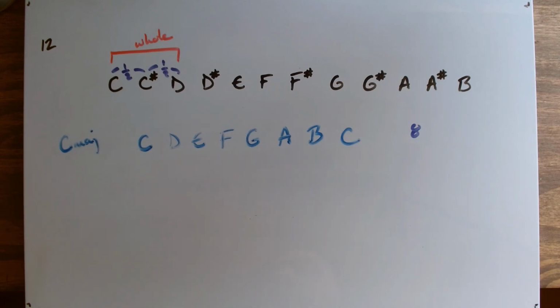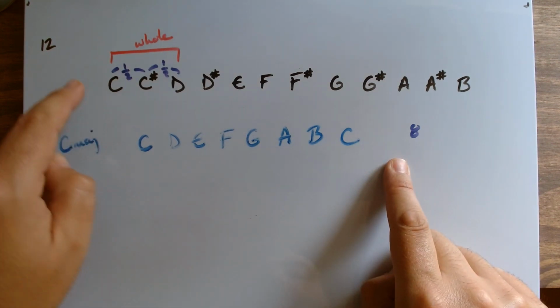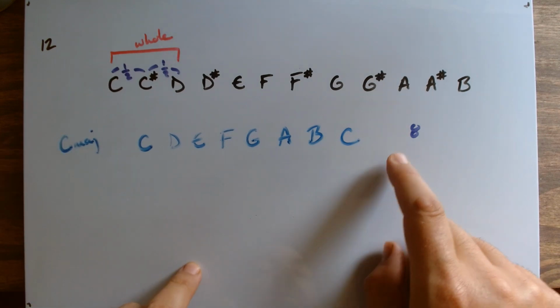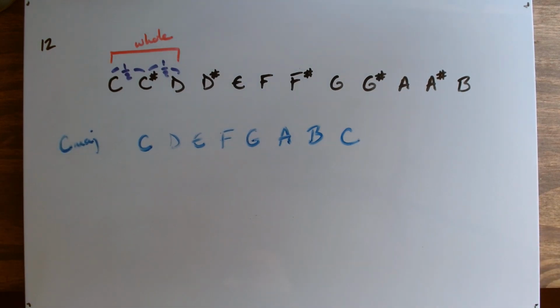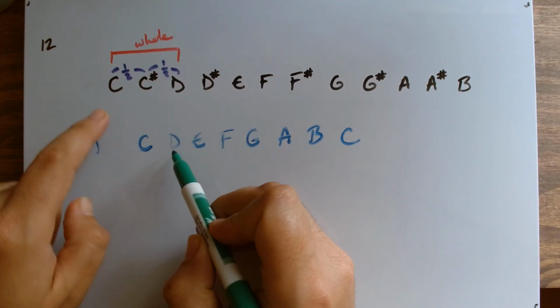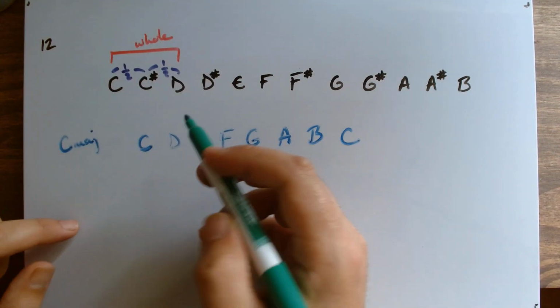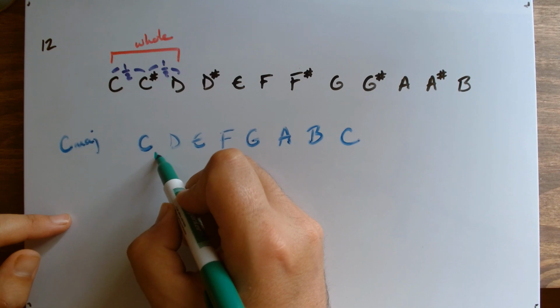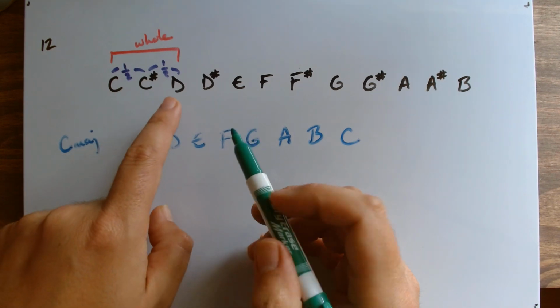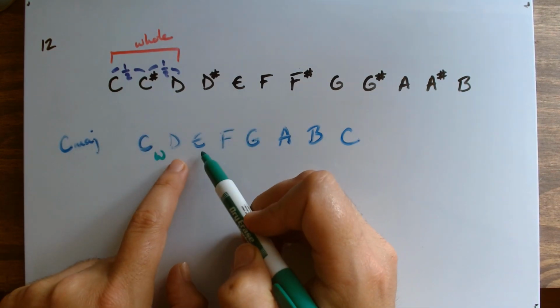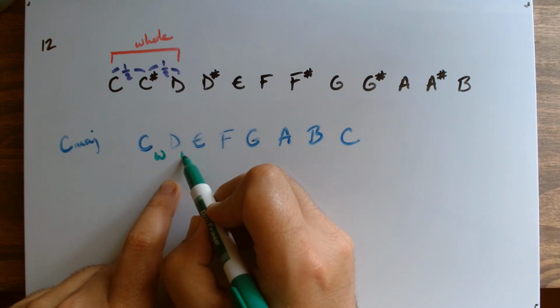Now, take what you know and use it to construct a system so that way we can figure out all the other scales. Watch this. So you're going to take, and how far is it from a C to a D? It's a whole step, right? So we're going to say whole. From a D to an E is also a whole.